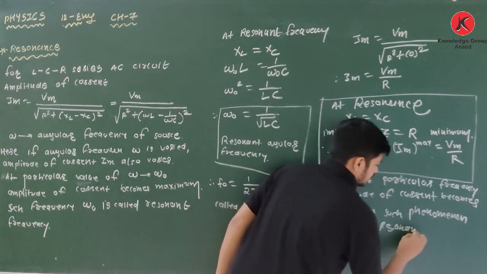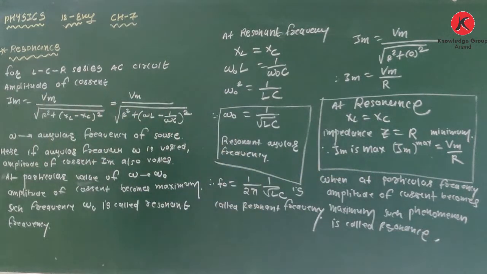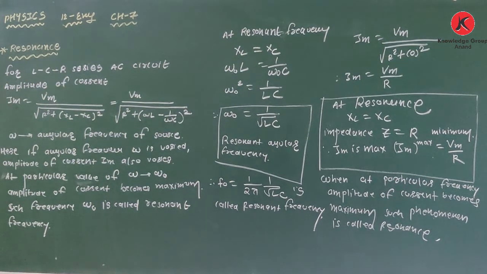It is called resonance. Clear about this? So what is resonance? When current becomes maximum, it is called resonance.